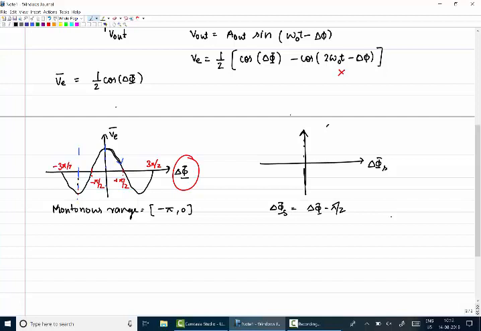Just a change in a variable. Then I will say that my range is minus pi by 2 to plus pi by 2. This is just a change in the variable so that you can see you are centered around 0. Why did I do so?